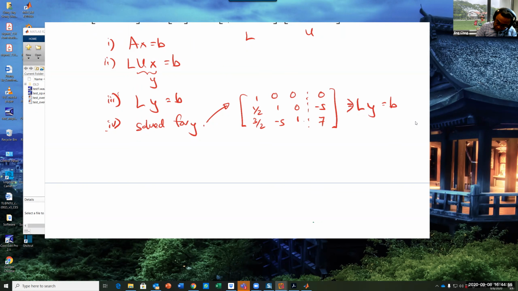We start from the first row, which is y1 equals 0, because we immediately can see this equation is nothing but y1 plus 0 y2 plus 0 y3 equals 0. All right, what about the second equation? Let's change a different color.